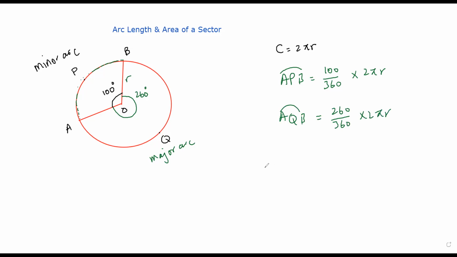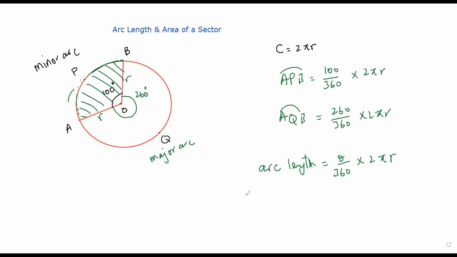In general, the formula for the arc length is going to be theta over 360 times 2 pi r. So that is how you will be finding the arc length. And suppose you have to find the perimeter of all this region here, you will be needing the arc length, then these boundaries here, which are basically the radii of this sector.